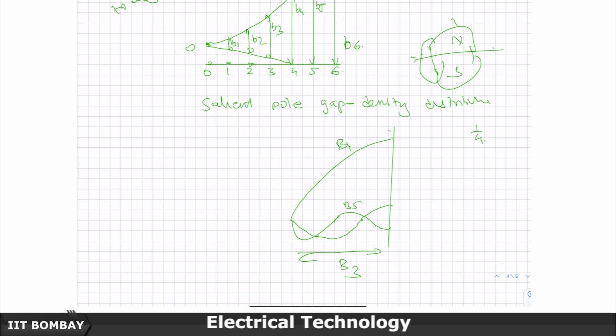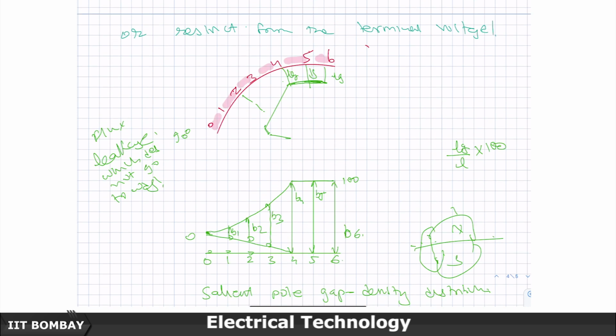Space harmonic B5 will look like this, and B7 would be something not exact, but you notice specially that the amplitude of it also keeps reducing.